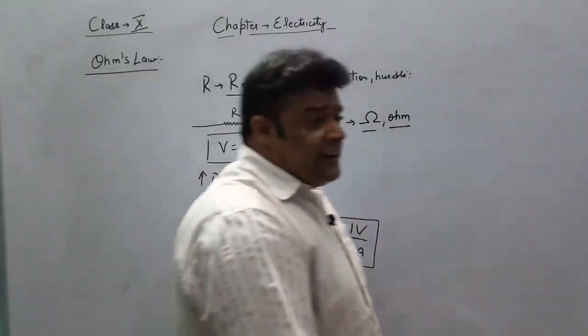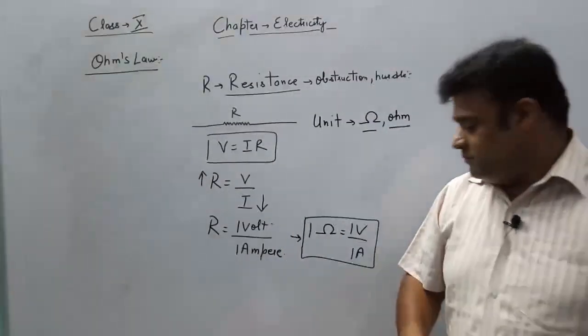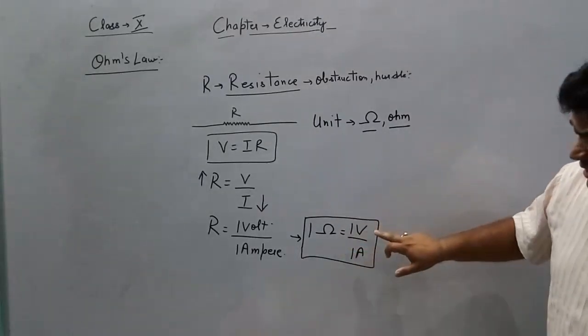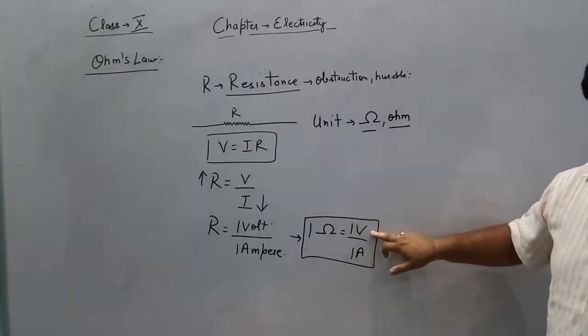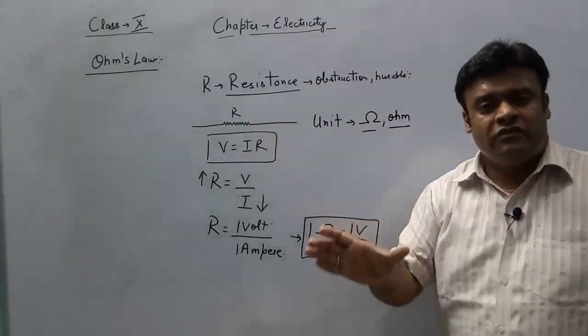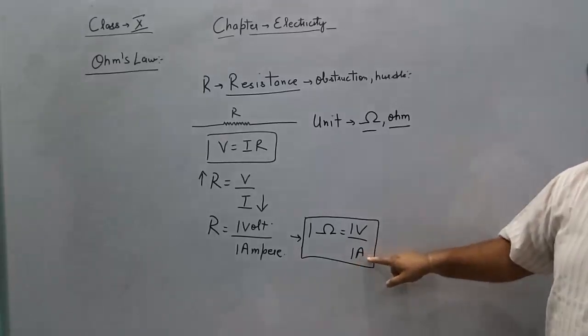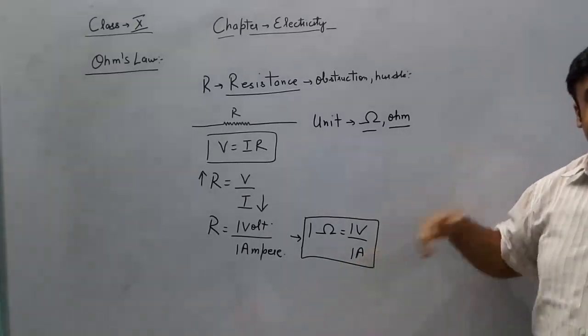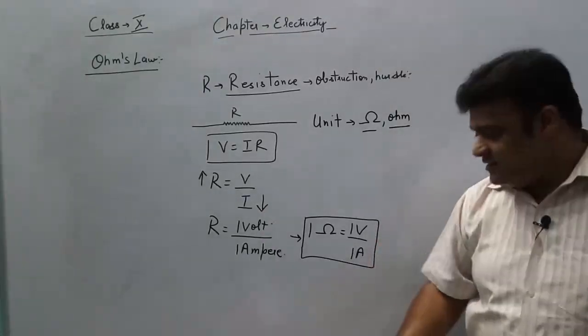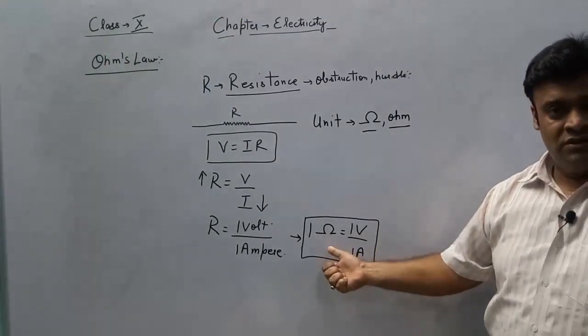We can also define it in language form, that is, when a potential difference of 1 volt is there between two terminals or two ends of a wire and a current of 1 ampere is traveling through it, then the resistance offered by that wire is 1 ohm.